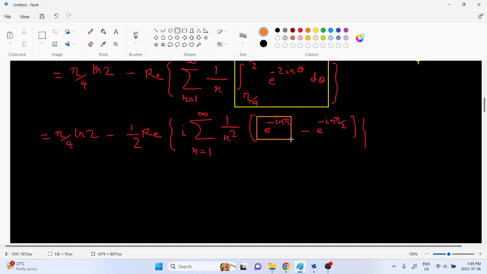Here, this e to the negative i n pi is just negative 1 to the n. And then, using a different color here, this negative e to the negative i n pi over 2, we can write that as negative cosine of n pi over 2, and then there is a negative i, so plus i sine of n pi over 2.